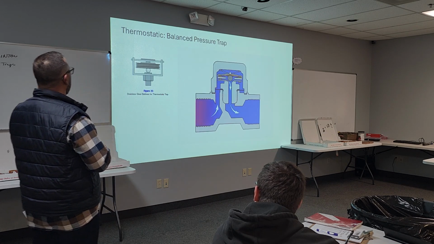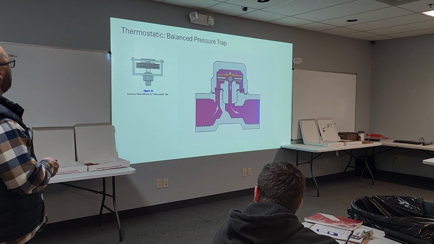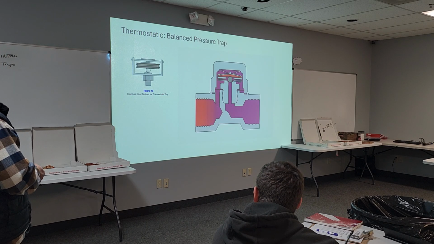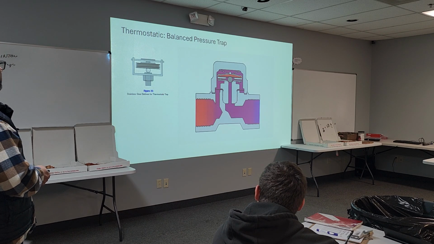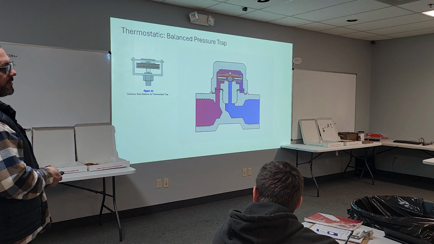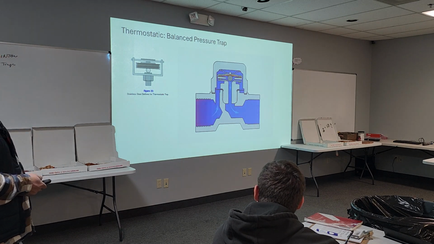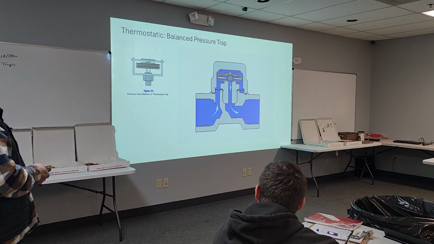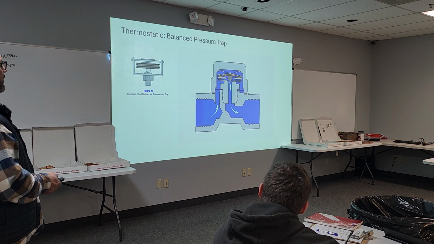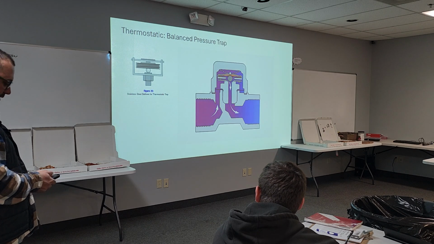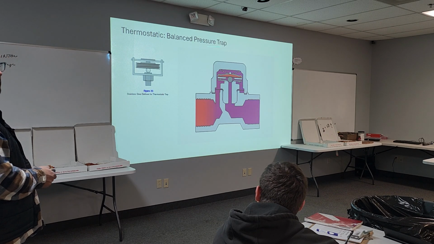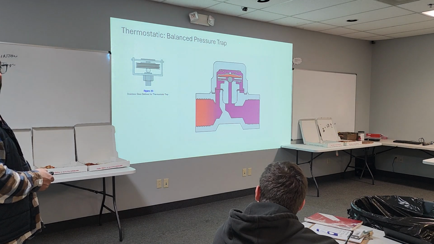Not going to spend a lot of time on the thermostatic trap. Again, I see these as air vents. I just got into a spec thing on a bid spec job for a pharmaceutical where they needed a 300 psi air vent, and it named a certain manufacturer right in the specs and said they needed to be stainless and rated for 300 psi. Well, that's what we spec'd in because that is an air vent.